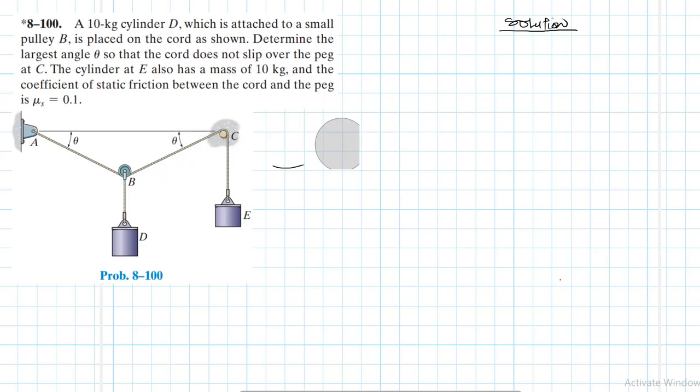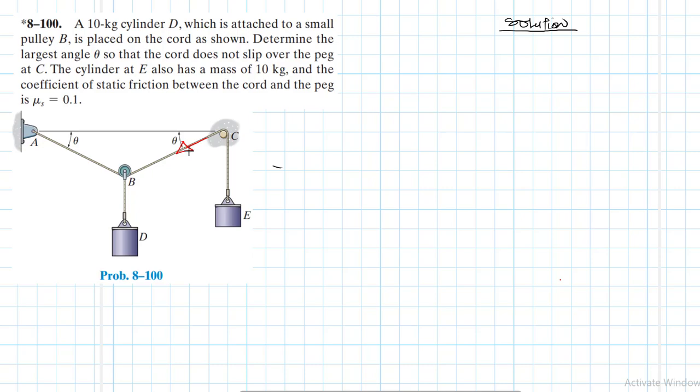But one thing we do know is when the tension is high in this cable BC, the angle tends to reduce. Of course, there's going to be friction between the peg and the cable, but as the tension increases in BC, you expect the angle to reduce.